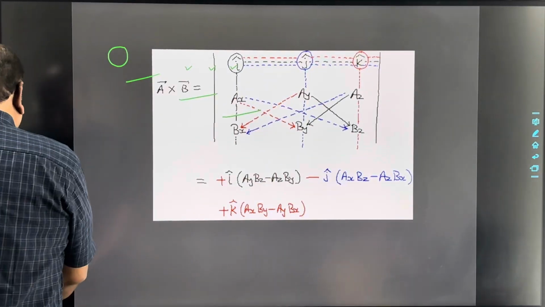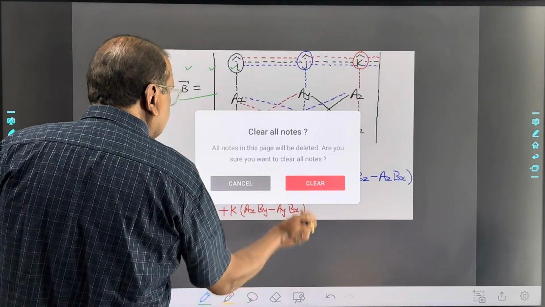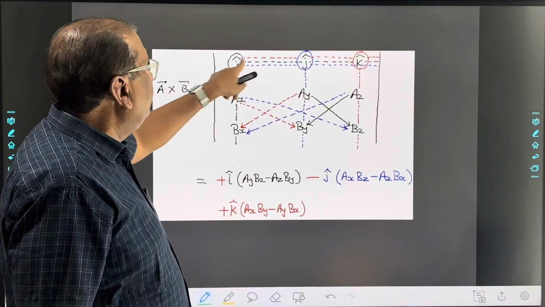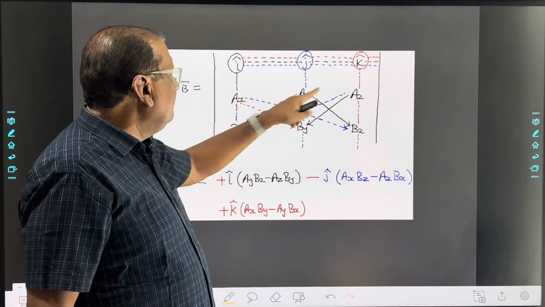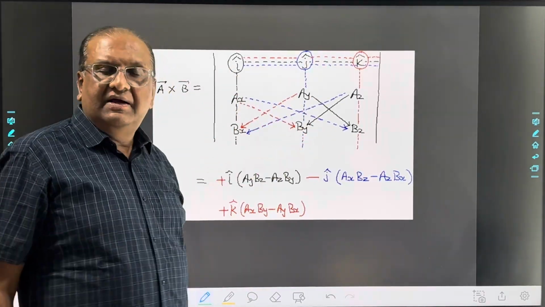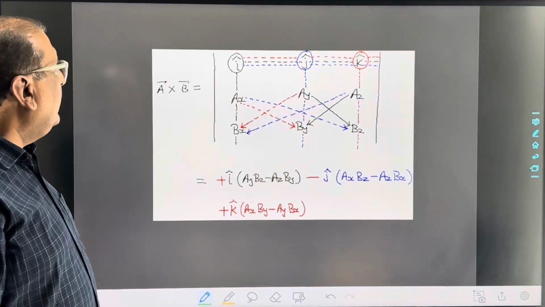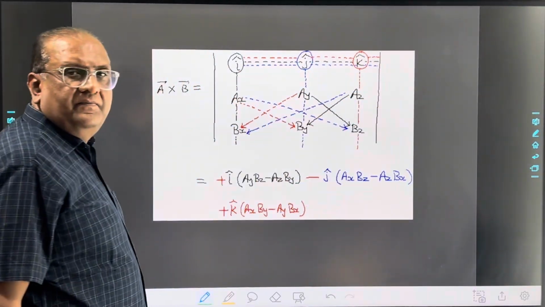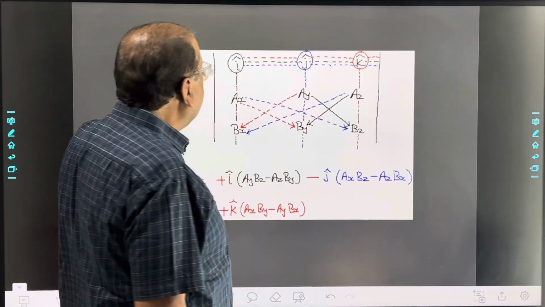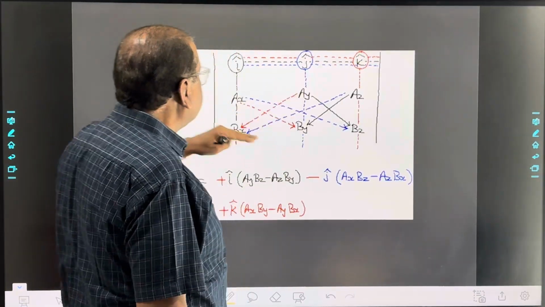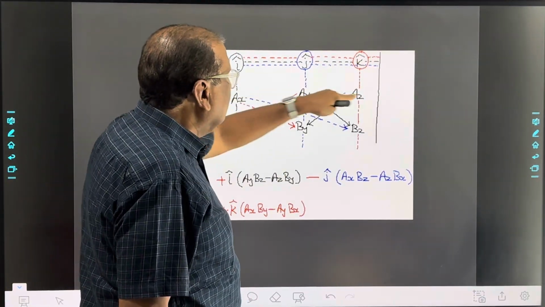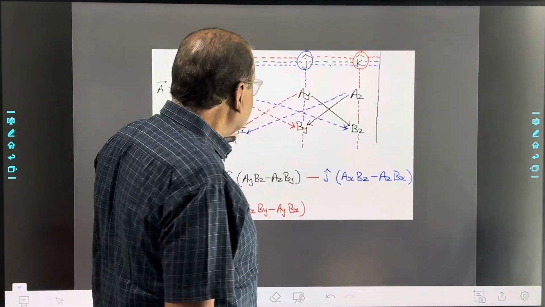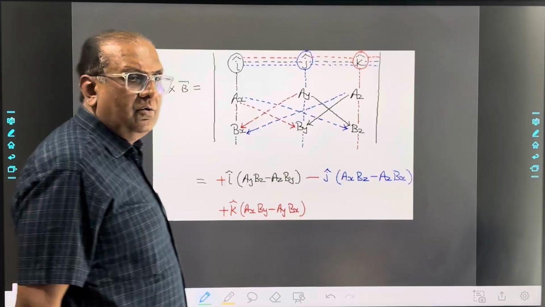See, now this one is our determinant. IJK, AX, AY, AZ, BX, BY, BZ. Now for a determinant, this one is known as a row, and IJK are the components of the first row, AX, AY, AZ are components of the second row, BX, BY, BZ are components of the third row.